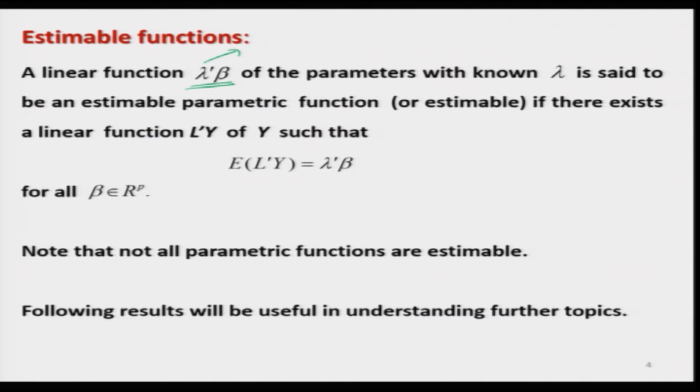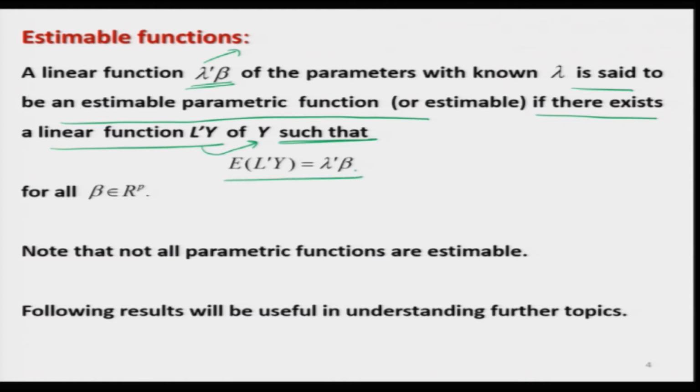Then this linear parametric function lambda transpose beta is said to be estimable if there exists a linear function L transpose y of the variable y, defined such that the expected value of L transpose y is equal to lambda transpose beta. That means if you can find an unbiased estimator of lambda transpose beta in the form of a linear function L transpose y, then this function is said to be estimable, and here beta belongs to R^p.